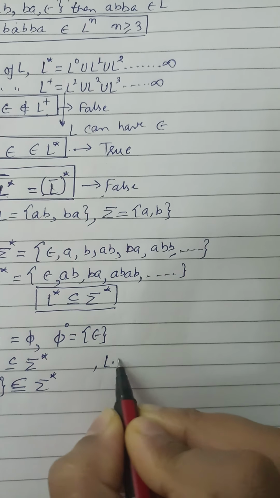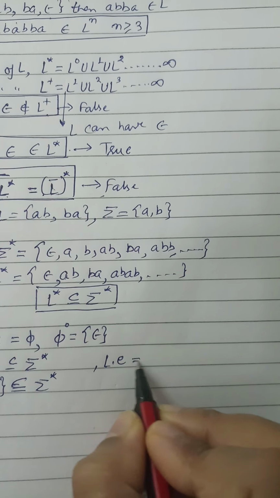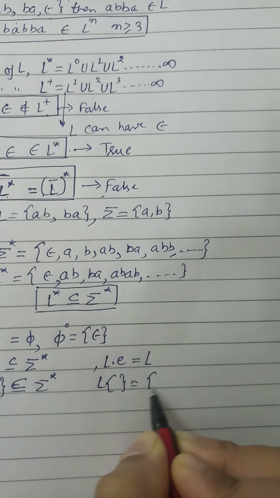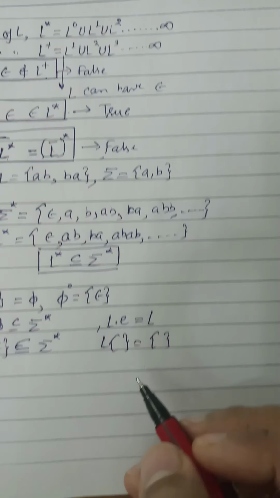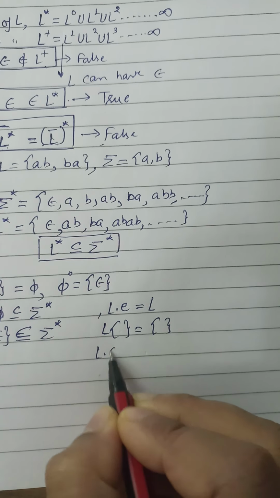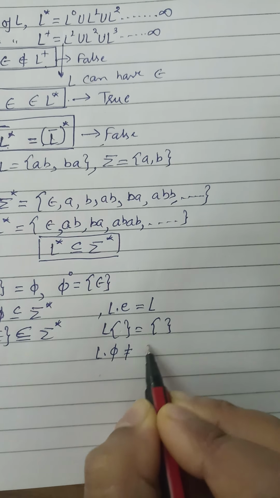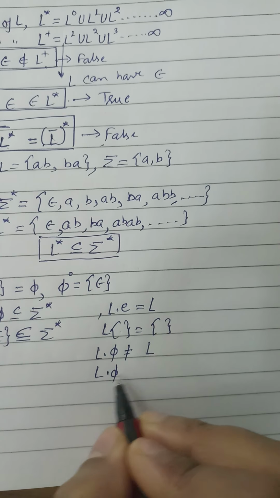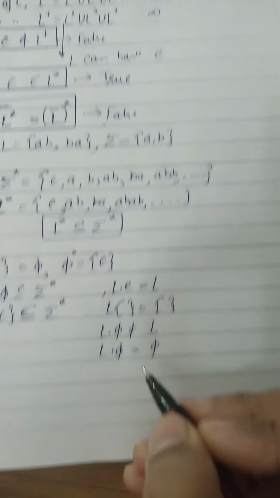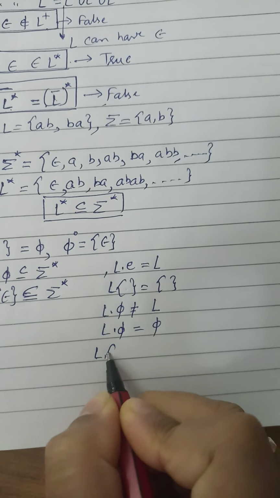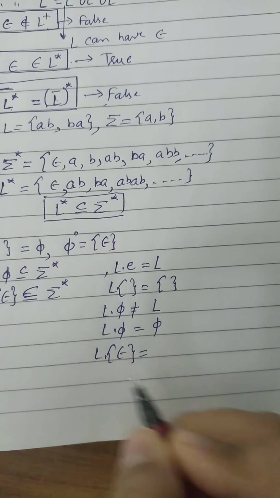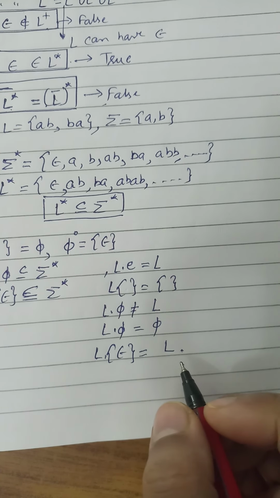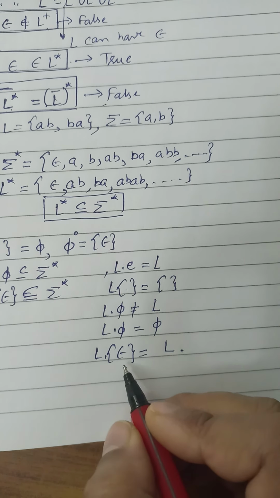If we concatenate any language with the identity, then the same language will come. If the language is empty, then nothing is present. If we concatenate phi with a language, it will be phi, not the language. And if we concatenate a language with epsilon, then definitely it will be the language.